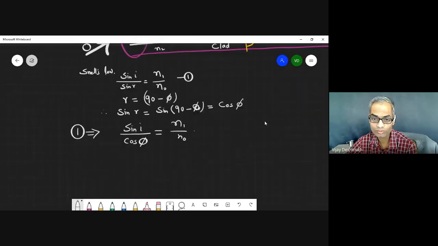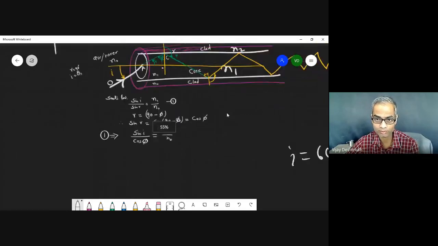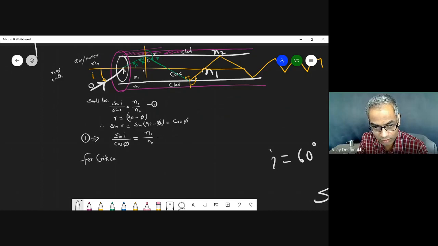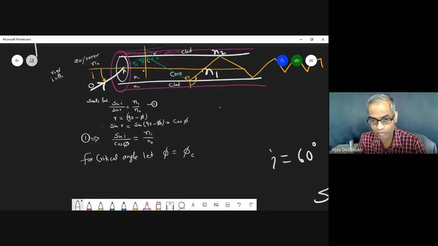So for critical angle, let phi equal to phi c. Sorry, not theta c, phi c. Therefore, I will be equal to theta c. ठीक है.